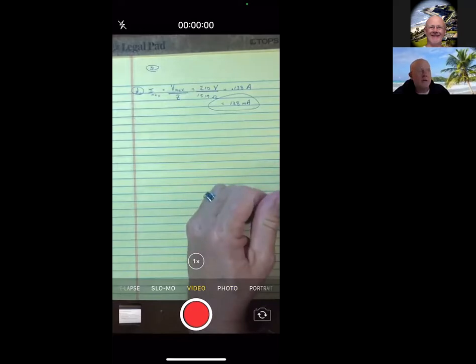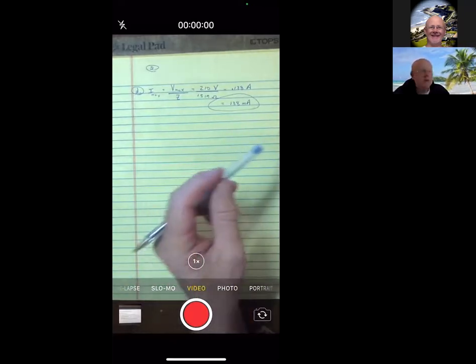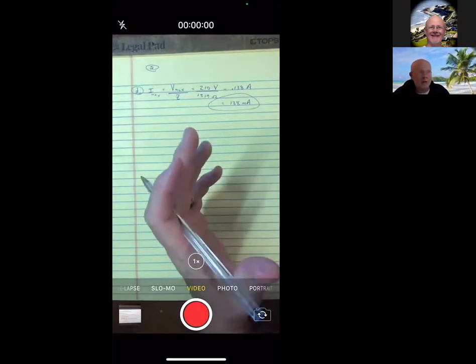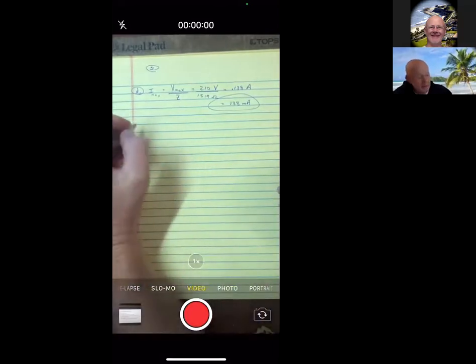And so your voltage maximum may occur at a different point in the cycle than when your current occurs at its maximum. Okay. And so there's this question for E. It says, what is the phase angle between the currents and the voltage?